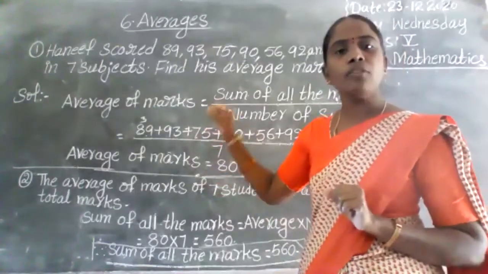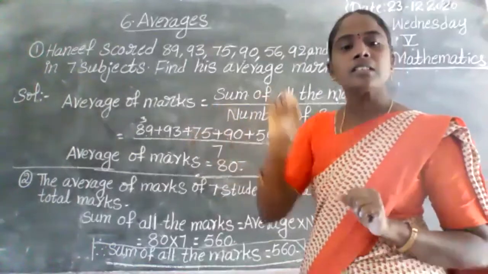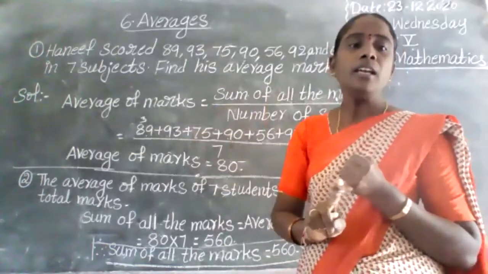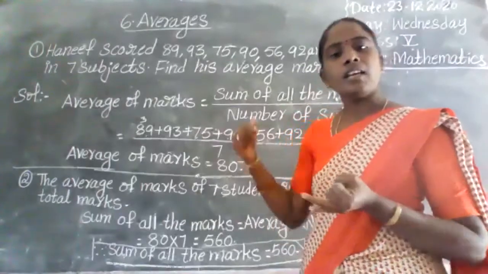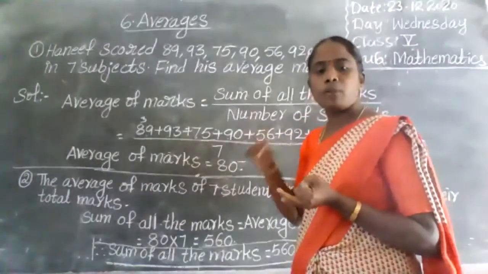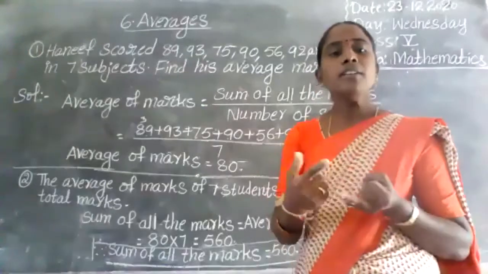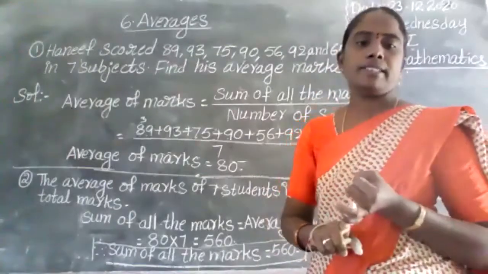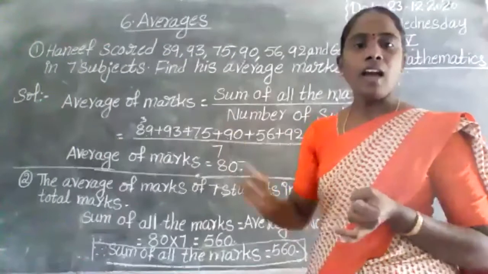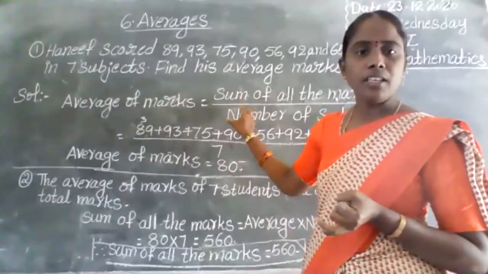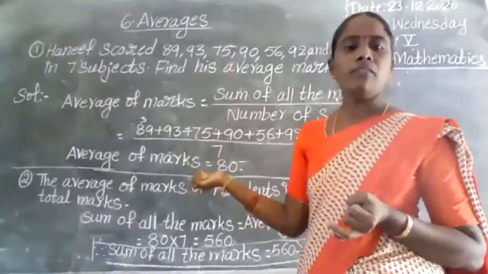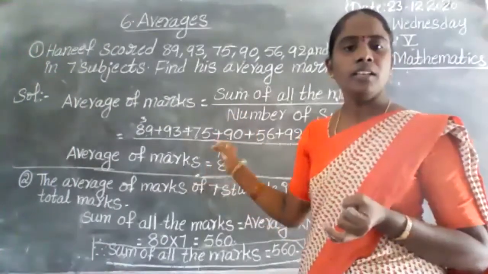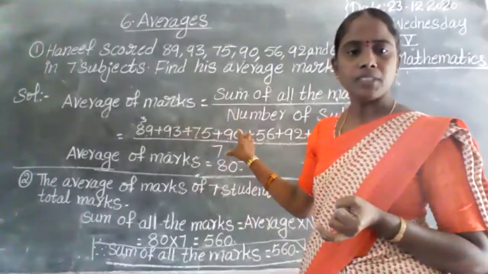Exercise 6.1 problems are to find out the average. Exercise 6.2 problems are how to find out sum of all the quantities, where the average is given and we have to find out sum of all the quantities. Did you understand? All of you.